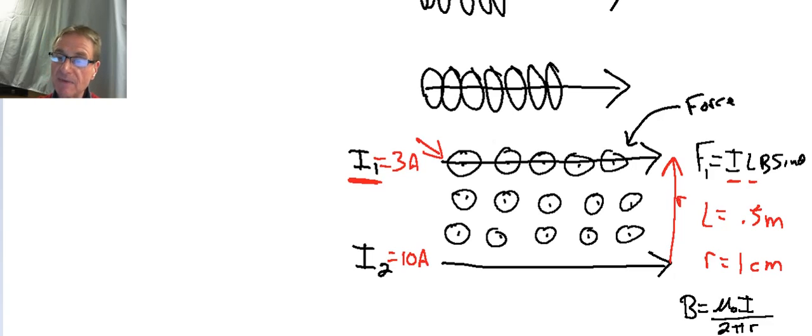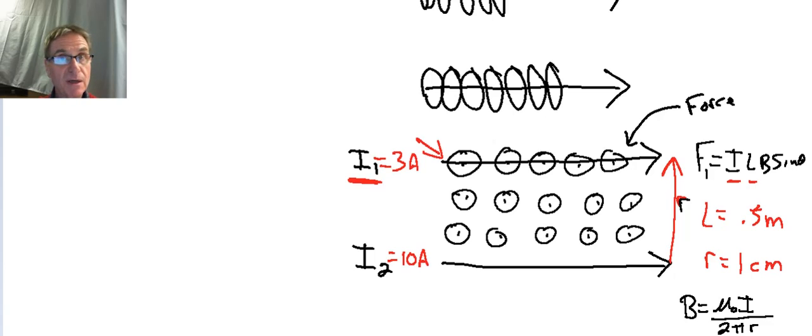Well, in our case, that distance is going to be the value of R here, right? The value of the distance between I2 here up to where I1 is, that's R, and that's going to be 1 centimeter. Okay, so we could substitute in, before we do any substitution, B equals mu 0 times I.